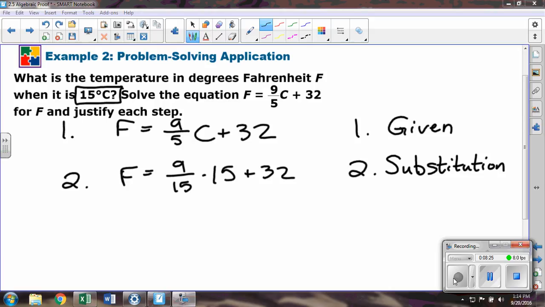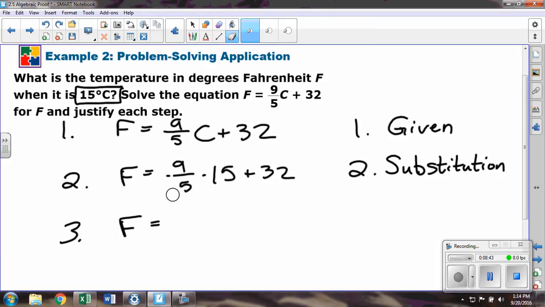To continue the problem, what's the next thing that we would need to do? We could take the 9 over 5 times 15.